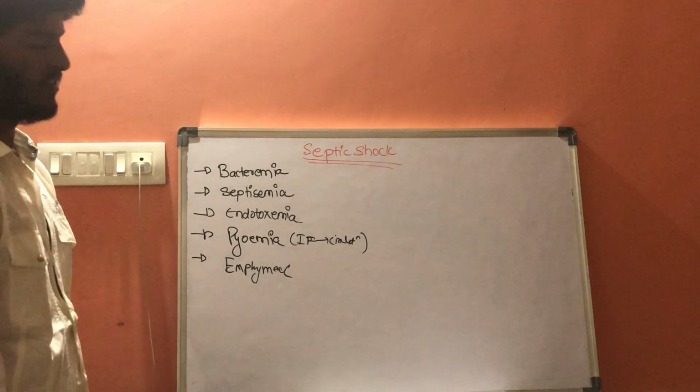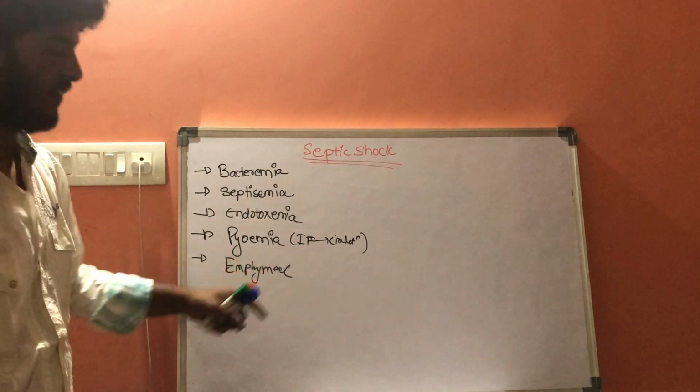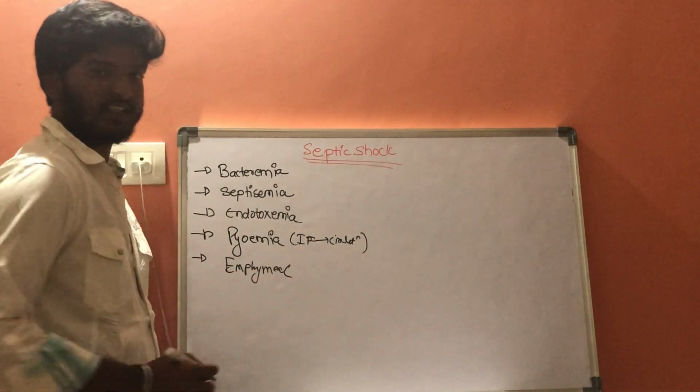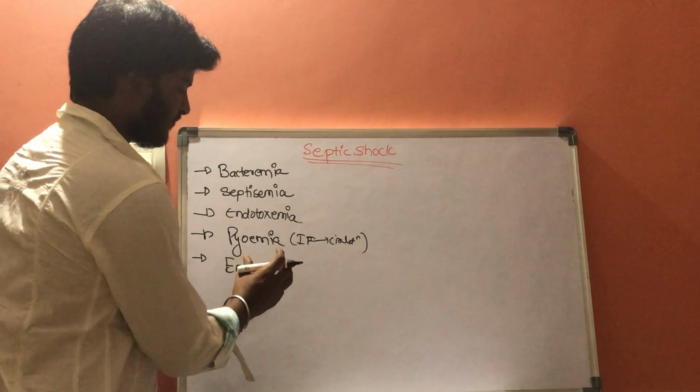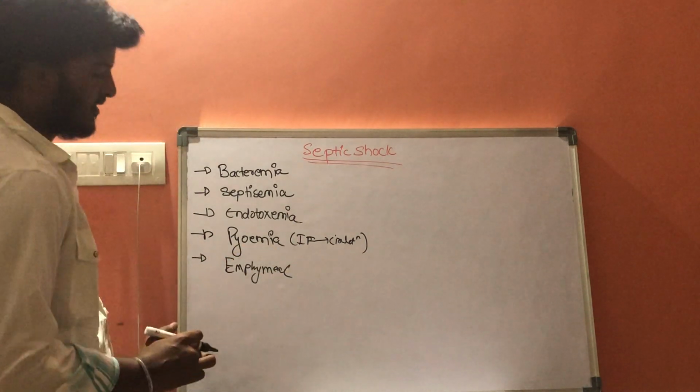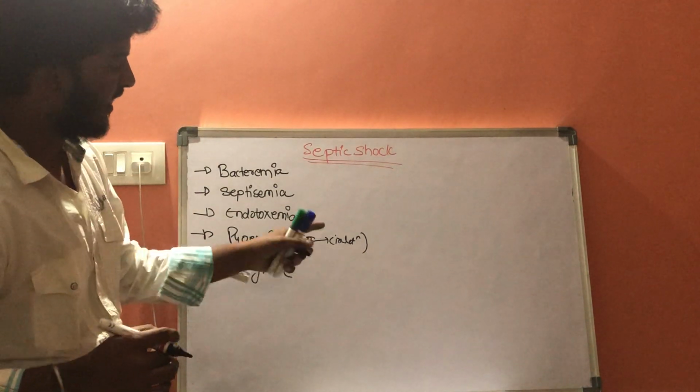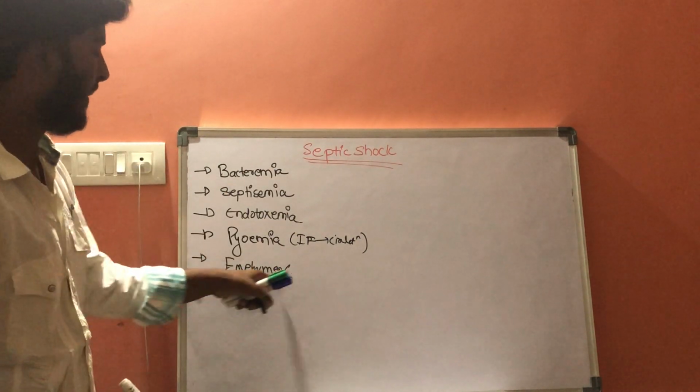What is empyema? Localized collection of pus within a cavity. Collection of pus in a cavity is called empyema.